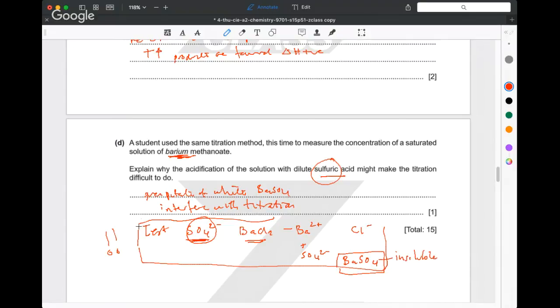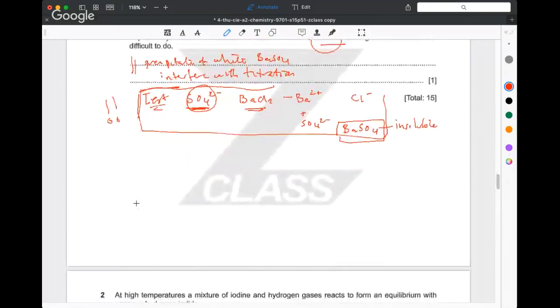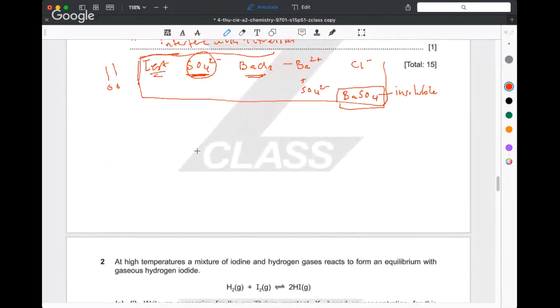So you can see here the examiner's kind of expecting you to know this test and then apply it here. And you can see that if you start having white precipitates being formed in a flask where you're doing a titration, you're not going to be able to do that titration accurately. Good. Okay, so that's the end of question 1.